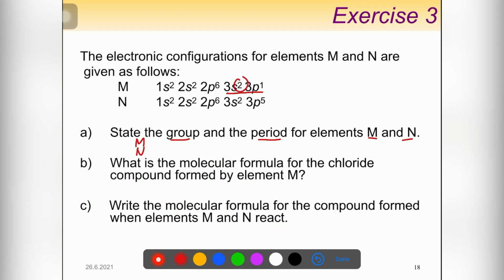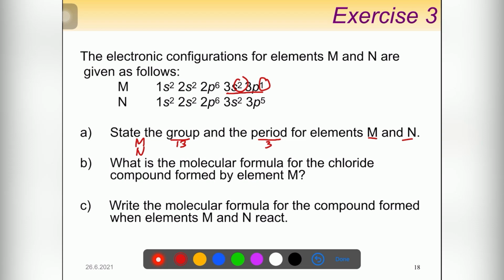So there are 2 orbitals, s and p, and the electrons occupy the s and p. The total is 3. So block P plus 10, so it is group 13. And the period, highest n 3, so period 3.